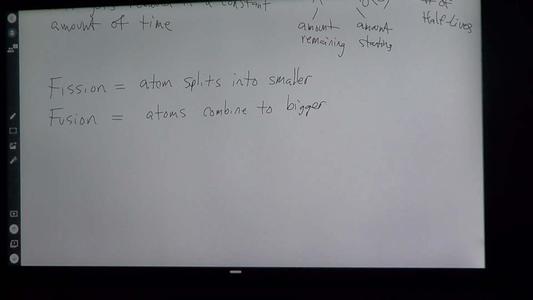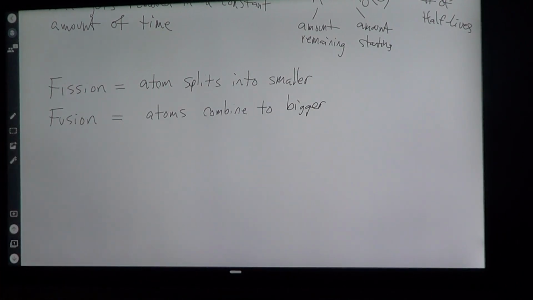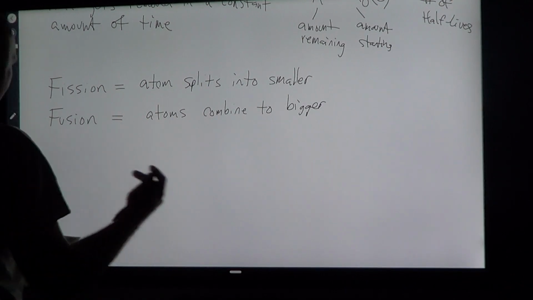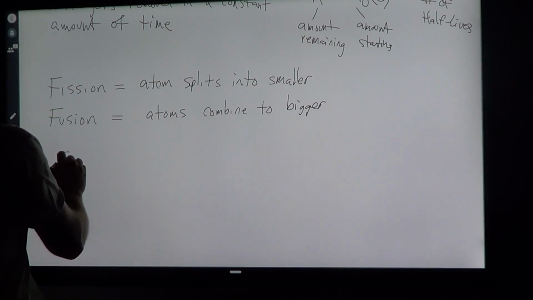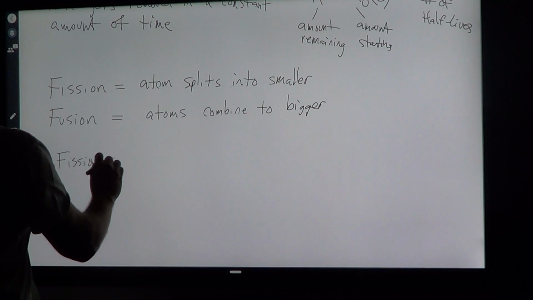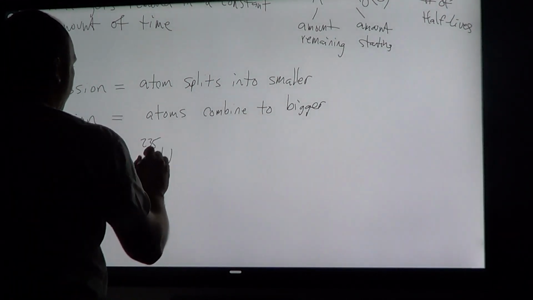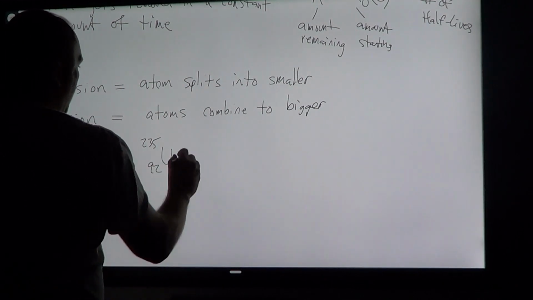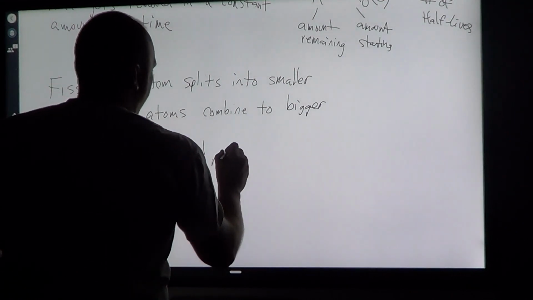But these get messy because if an atom rips apart, it's not going to just rip apart into these nice clean nuclei. You're going to spray some neutrons out. So an example of fission, okay, is if we take uranium-235 and we hit it with a neutron, okay?